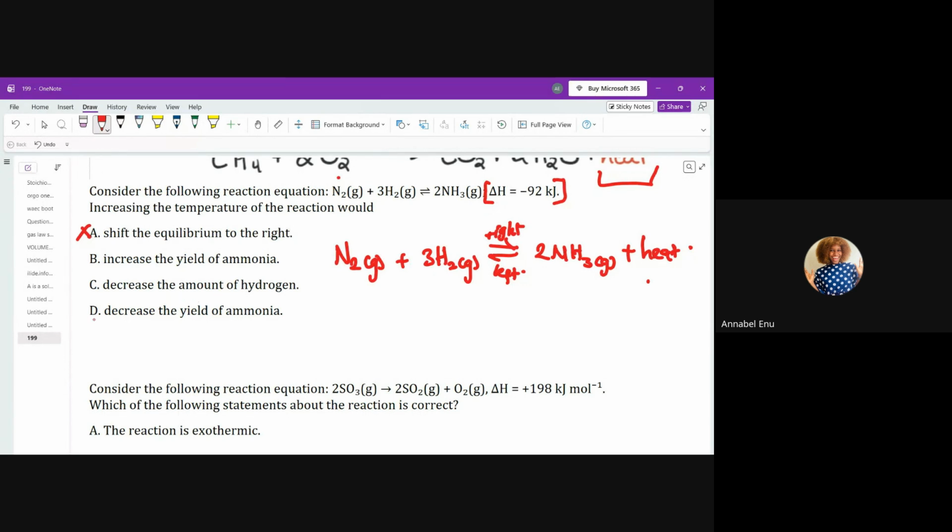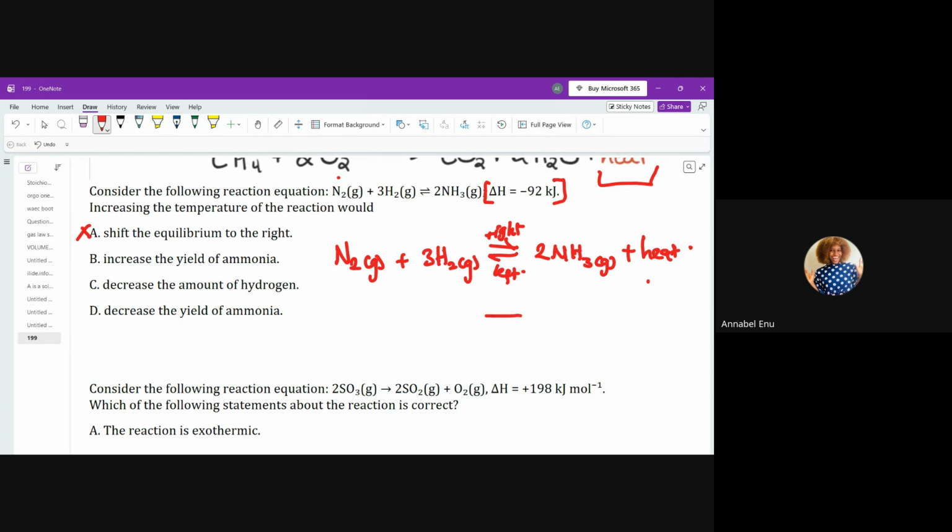Now we have D, it will decrease the yield of ammonia. Since our equilibrium is shifting to the left, the yield of ammonia is going to be decreased because the left is favoring the reactant and not the product.